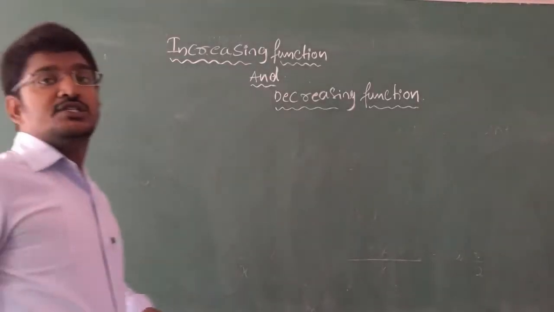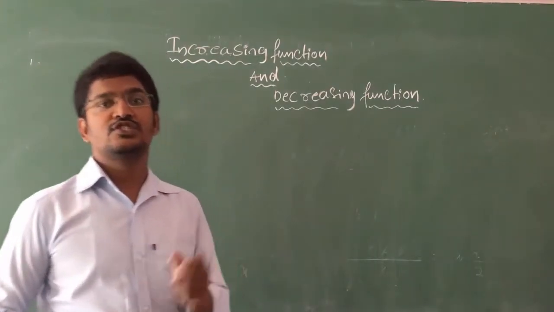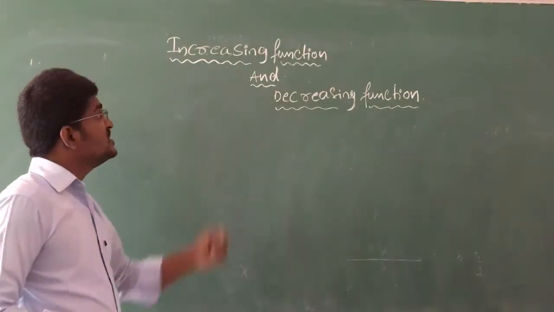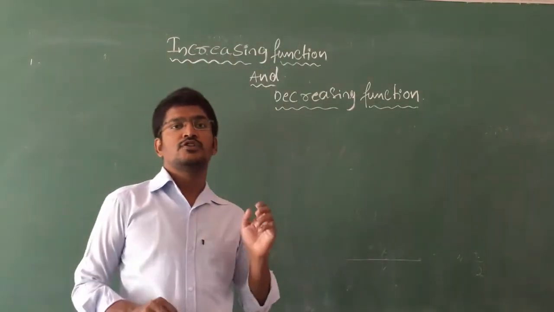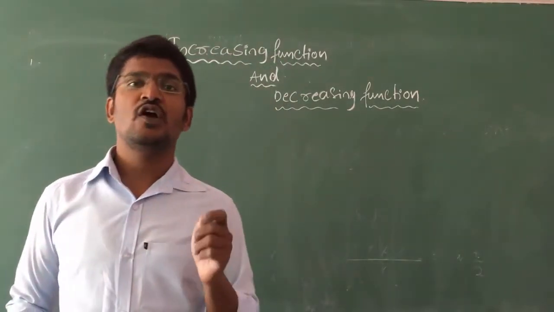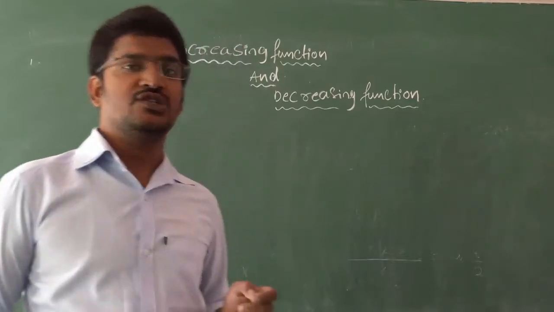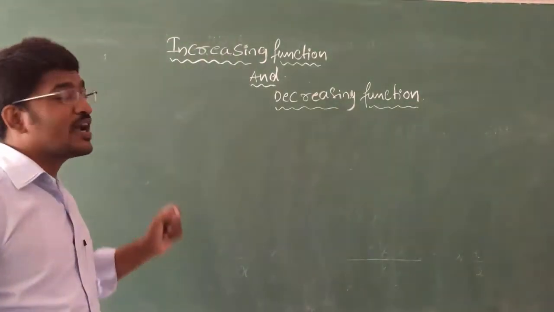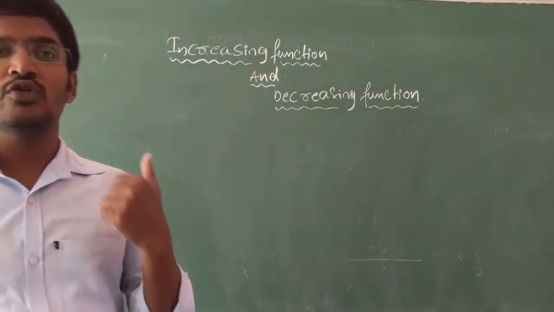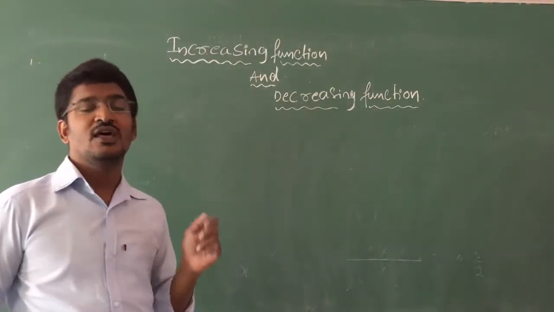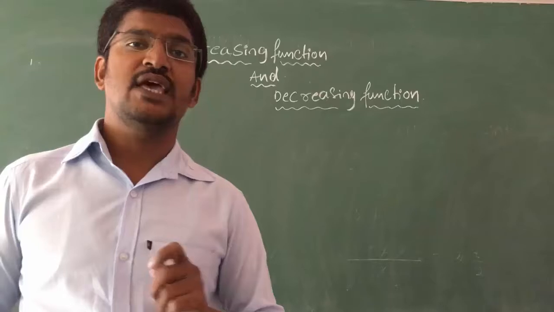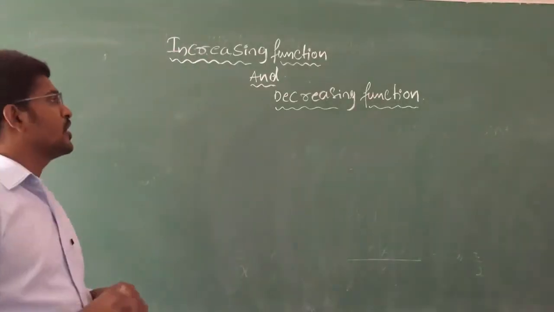Okay students, so now let us solve increasing functions and decreasing functions. Before solving the problems on increasing and decreasing functions, let us look at the definition of both the functions and how to solve the problems on them. Clear? Okay.